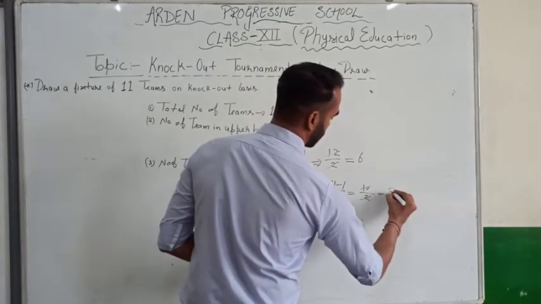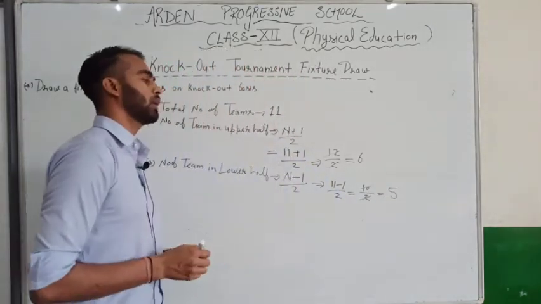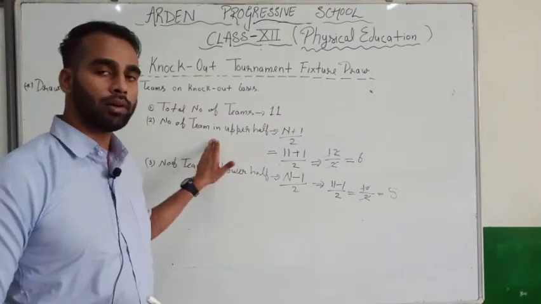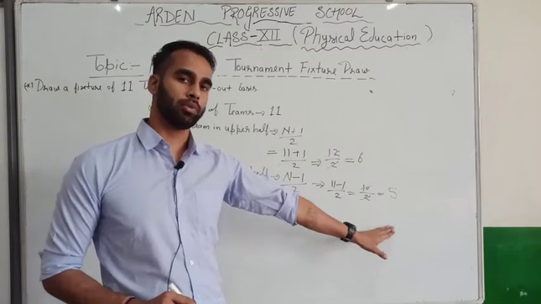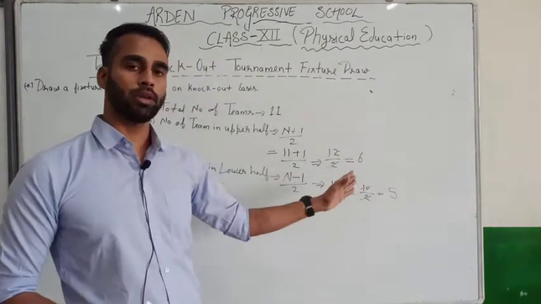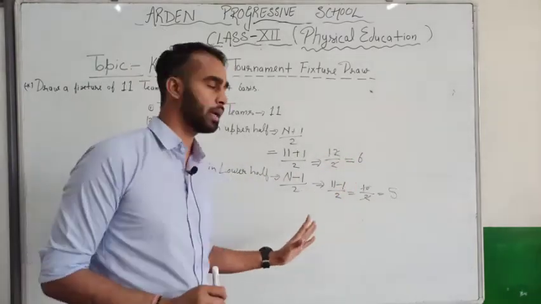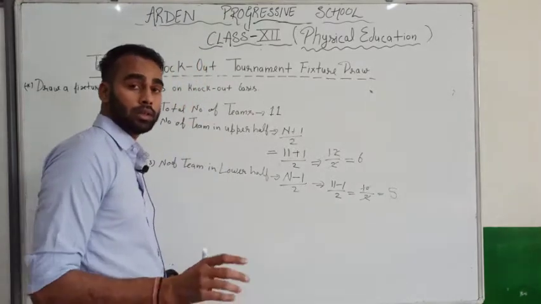Okay, 5. Okay class, so in the upper half there are 6, and in the lower half there are 5 teams. So total number of teams, how much? 11.